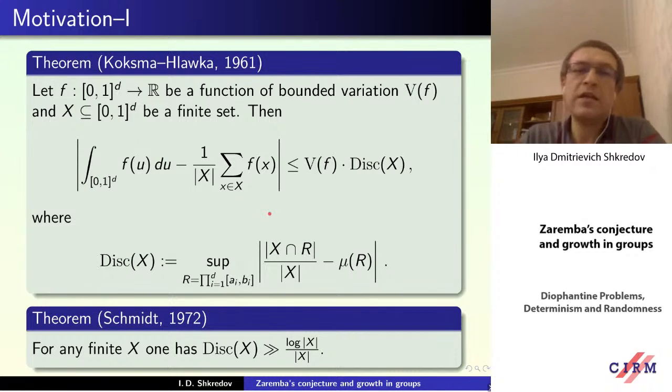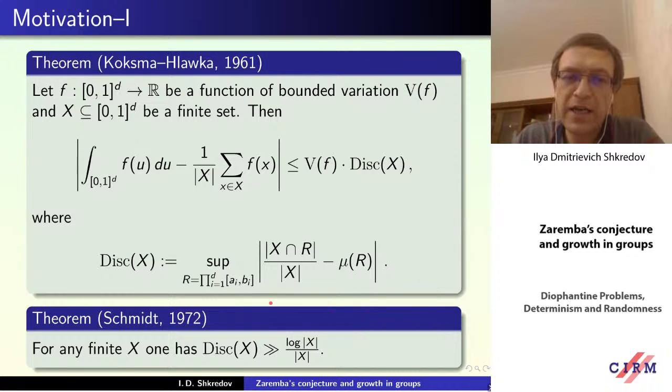Then the classical Koksma-Hlawka inequality says that this difference can be estimated as the product of a ratio and the discrepancy. What is the discrepancy? The discrepancy is a very natural object.